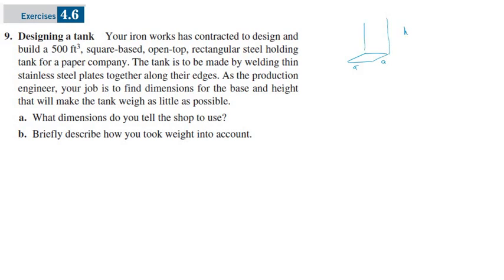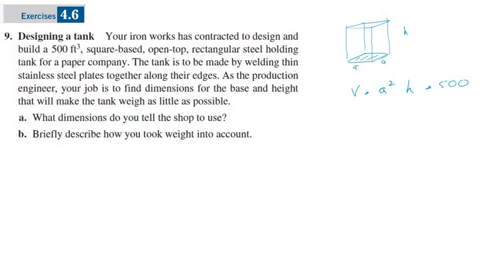So we have a tank of this nature, and it's made out of thin plates of steel. If we say V is the volume, it is equal to the area of the base plate, A squared, times h. That's the volume. And we are given the volume to be 500 cubic feet.